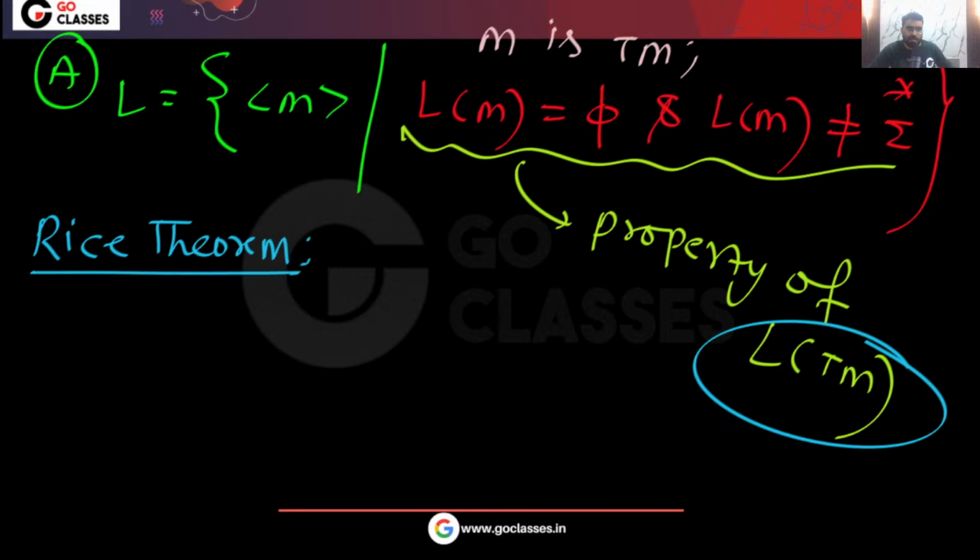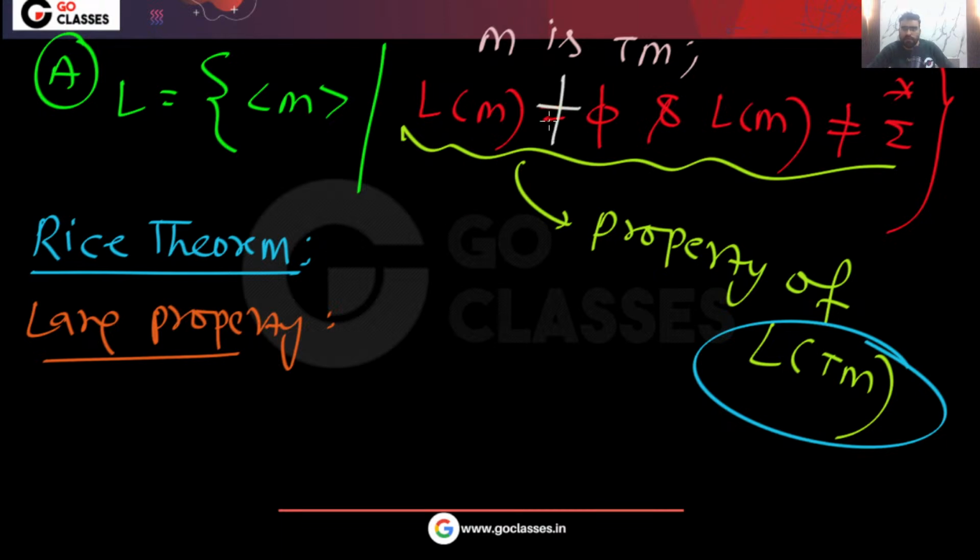Look at this property. Can I say every RE language will satisfy this? What is the language property here? The language property is that L(M) is not phi and L(M) is not sigma star. So this is a language property.